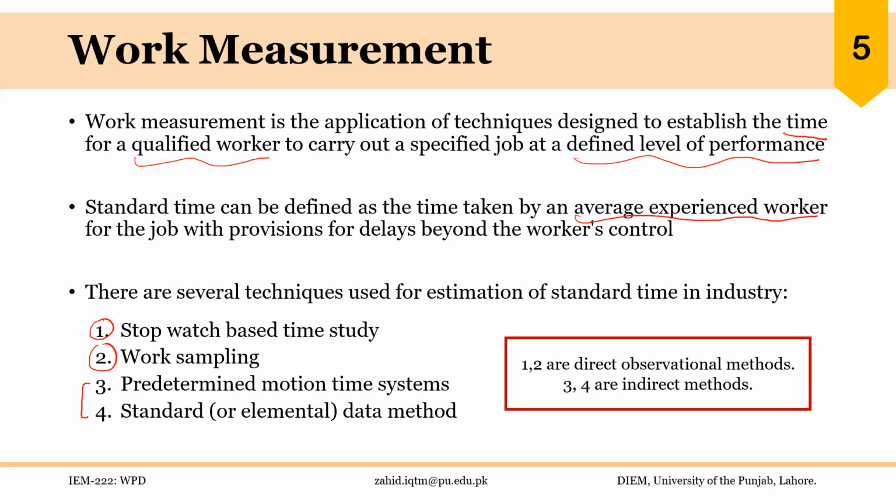You can find standard time using method 3 and 4 without directly observing the task while it is being performed. So we will discuss PMTS in detail, and we will see how actually we can use it to find standard time without directly observing the worker. So basically these PMTS are databases of times that have been developed over time, and you can readily use them for finding standard time in your case.